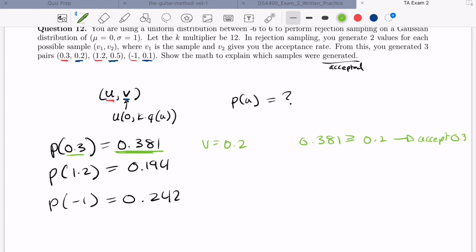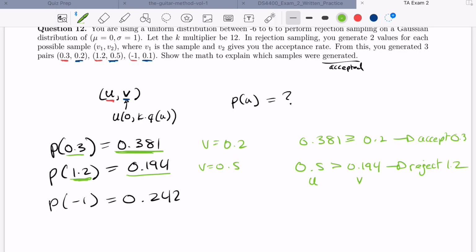For the second sample, V is equal to 0.5, U is equal to 1.2, and the probability of 1.2 is 0.194. Well, 0.5 is greater than 0.194, which means we reject 1.2.